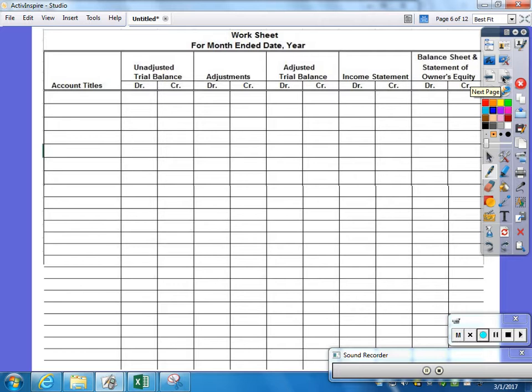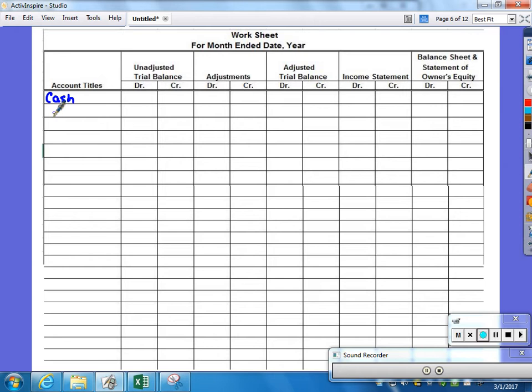We are going to write the accounts here. We have cash.